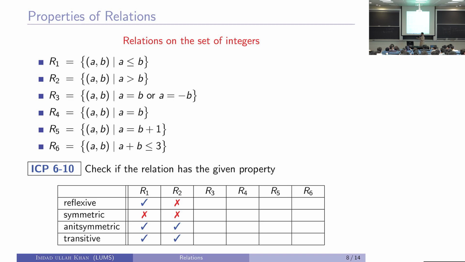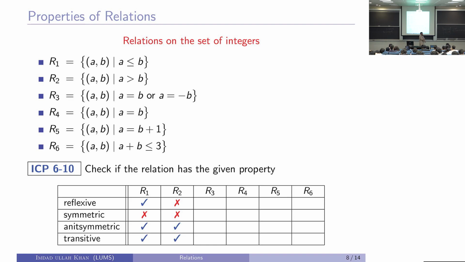Yes, because whenever AB is there, for different A and B it cannot be there, so BA is not there, and that's okay. Is it antisymmetric? Yes. Is it transitive? If x is equal to y, and y is equal to z, then x should be equal to z, right? So it's transitive.